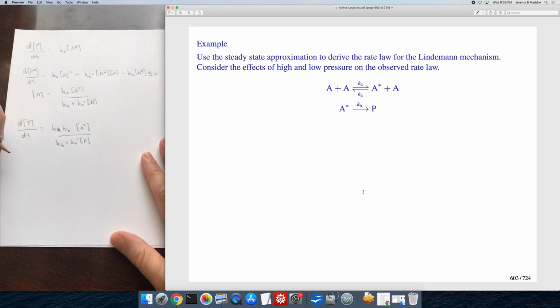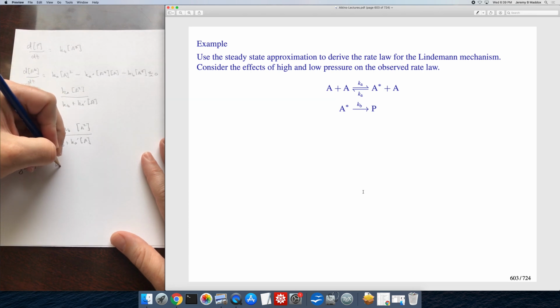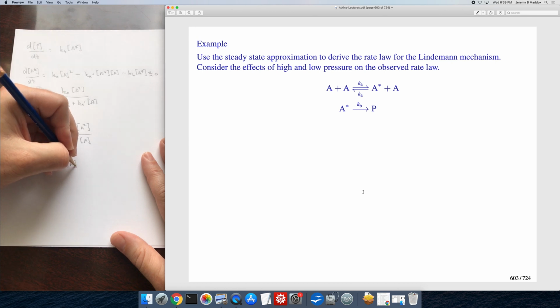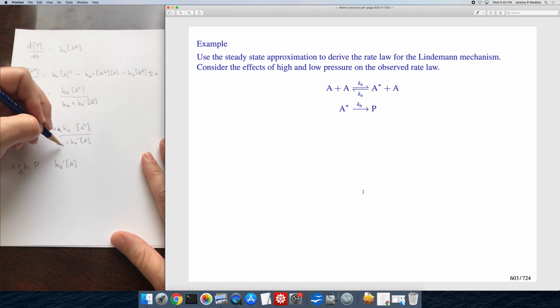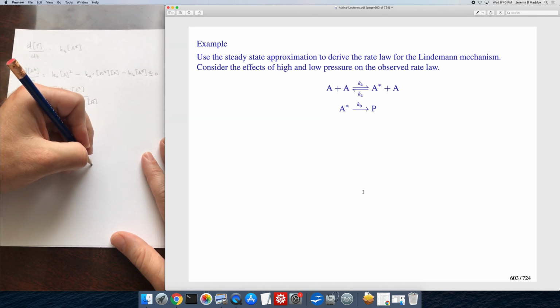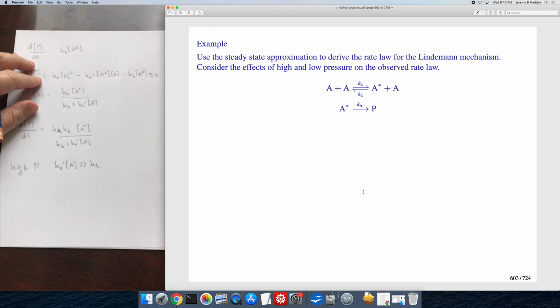Let's do first high pressure. So high pressure means that the concentration of A times Ka prime relative to Kb is going to be much, much larger. And in terms of the mechanism, what that means is if there's a lot of monomer floating around, high pressure, that means that the excited molecule is going to very frequently encounter a collision and then become de-excited.